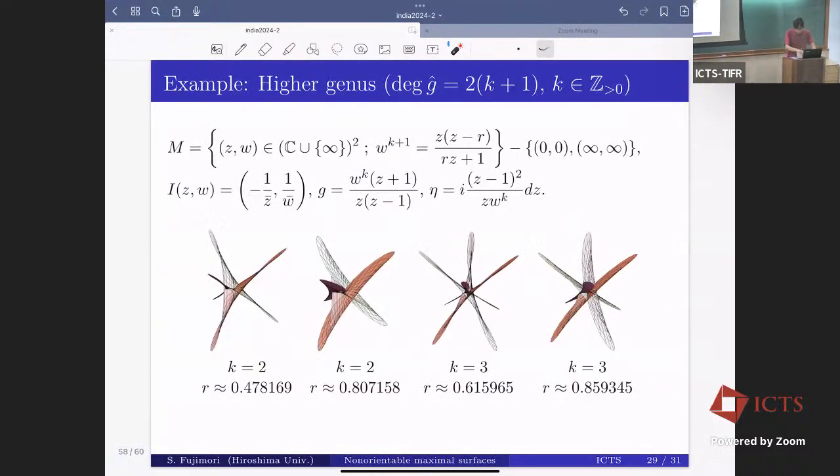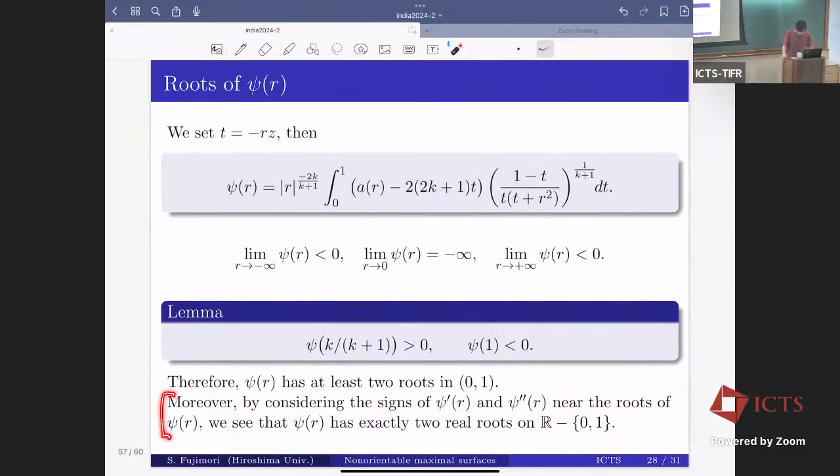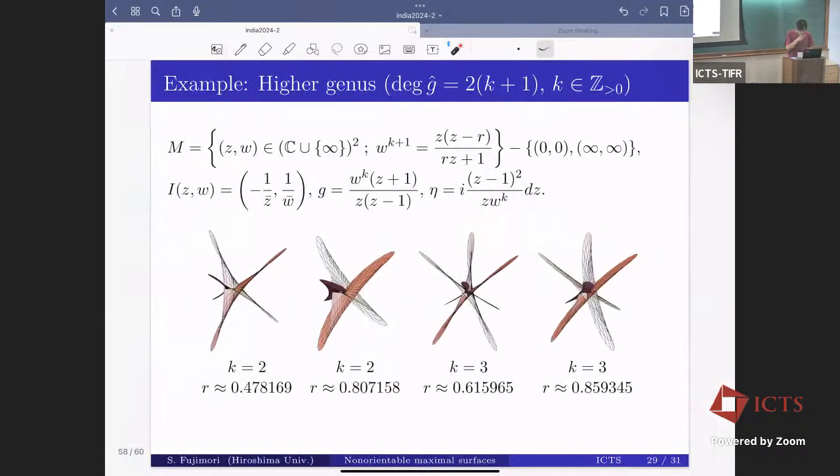So anyway, if we prove this, then for each positive integer k, we have two solutions. For k equal 2, this is a one-ended non-orientable surface, and the double cover has genus 2.